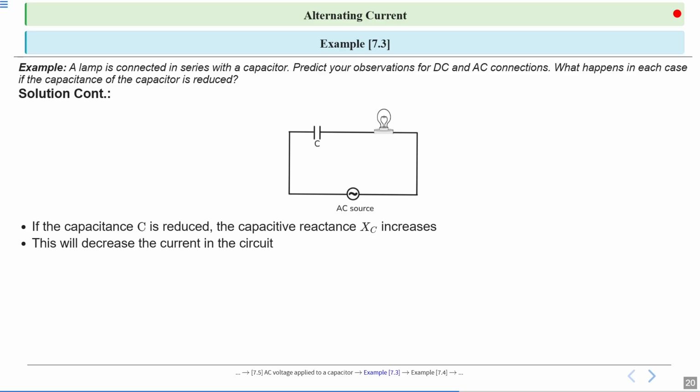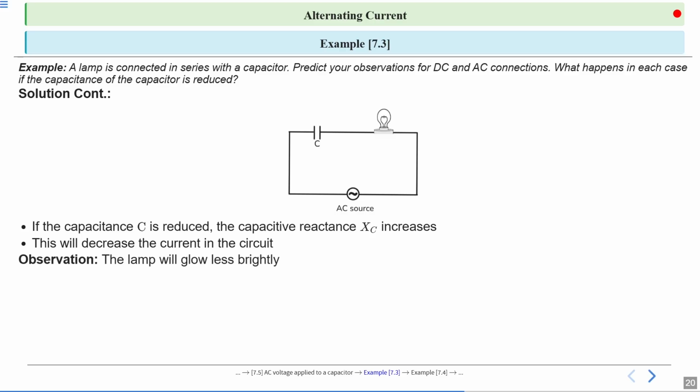If capacitive reactance is increasing, that means opposition in the circuit is increasing. The capacitor is offering more opposition, due to which current will decrease in the circuit.